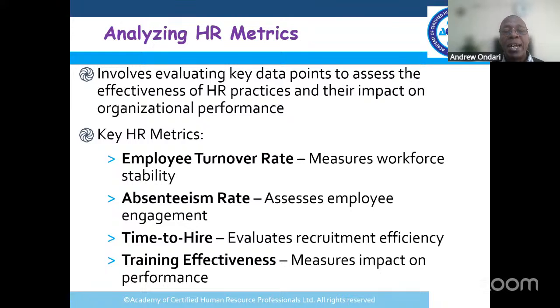For example, from January to December this year, how many people did we have? And then you subtract the number of people who are remaining. Then you divide that result by 2, you will get the average number. So it is the number of people who have left over the average, you multiply by 100, that will give you a rate.